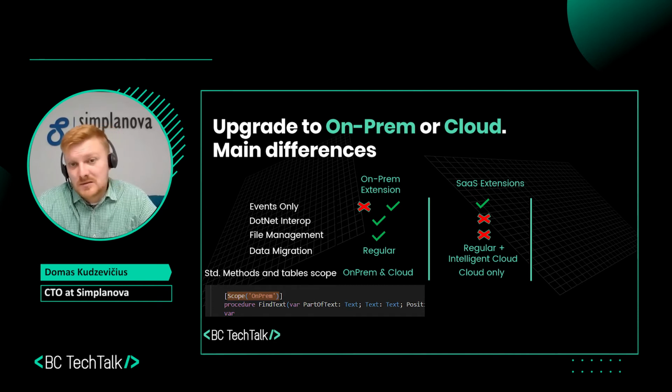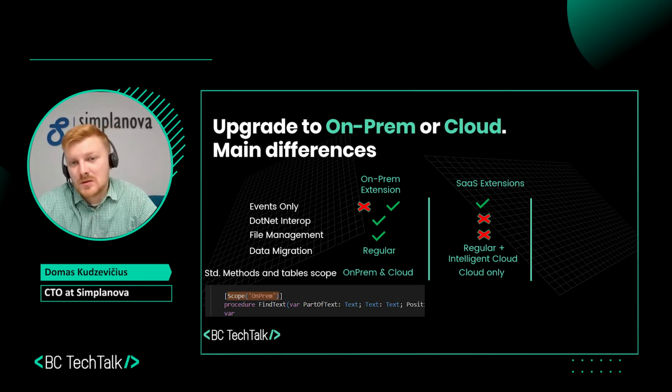And if you're upgrading to SaaS extension, then you are limited only to the procedures which have scope on cloud. So in this example, the scope is on-prem, procedure FindText. If you would use it in your custom codeunit, you would be able to access that if you're upgrading to the on-prem extension.